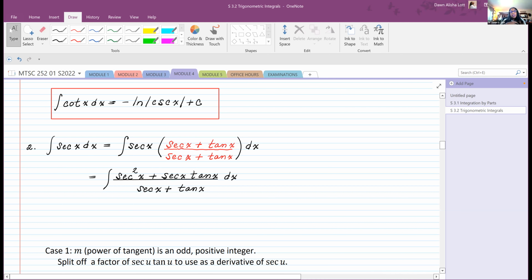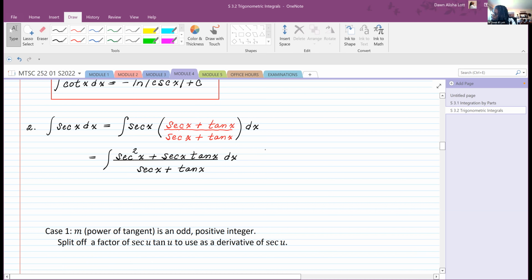So it is clever because u now can be the secant of x plus the tangent of x. And du, well, the derivative of the secant is secant x tangent x. And the derivative of tangent is secant squared x.